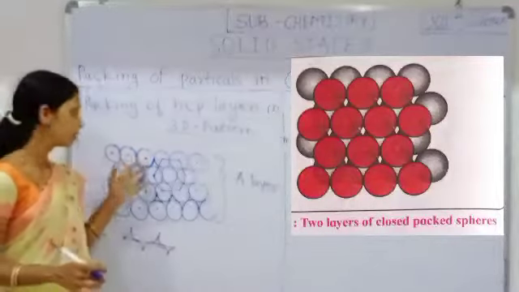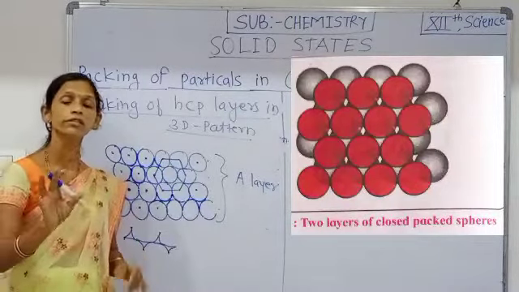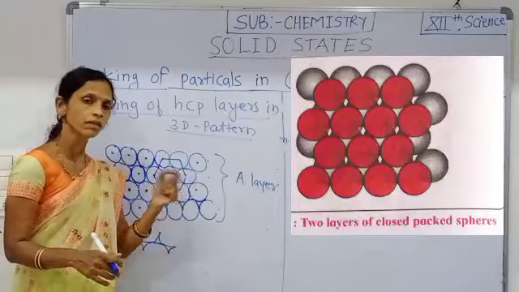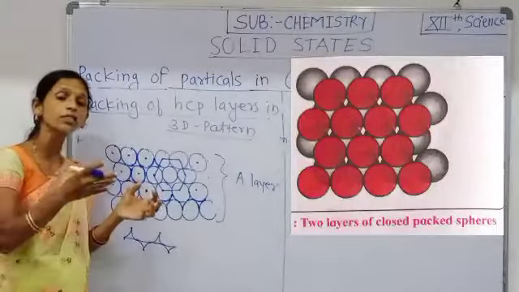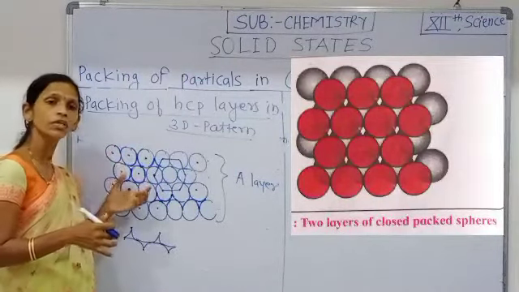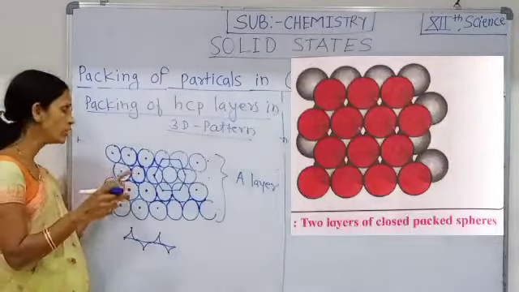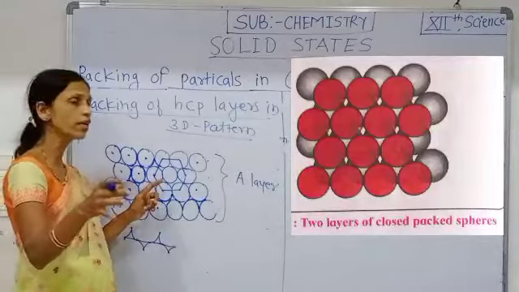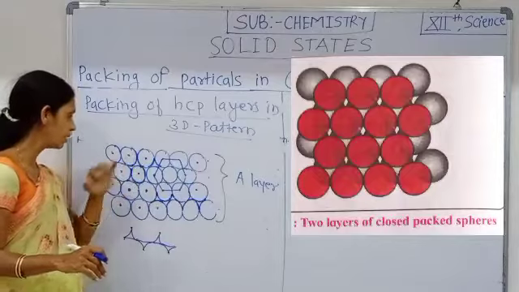Then here the spheres in the first layer and spheres in the second layer do not align with each other. Then see here, the spheres in the second layer are arranged in the depressions of the first layer. Then all triangular voids in first layer are not covered by spheres in the second layer.